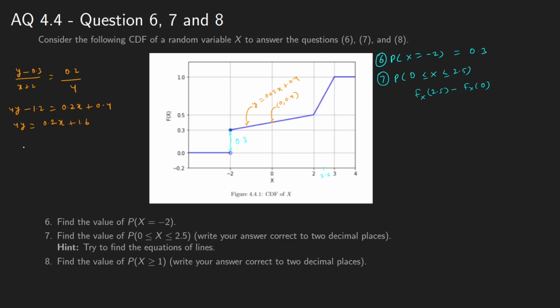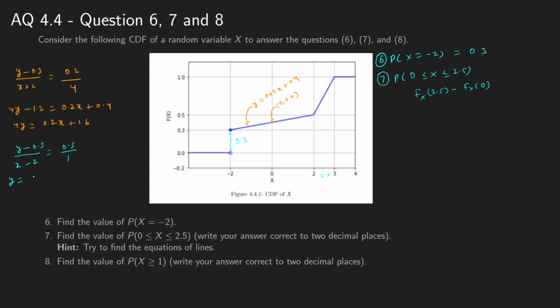For the second line, we can similarly find the equation of the line. It will be (y minus 0.5) divided by (x minus 2) equal to 0.5 divided by 1.